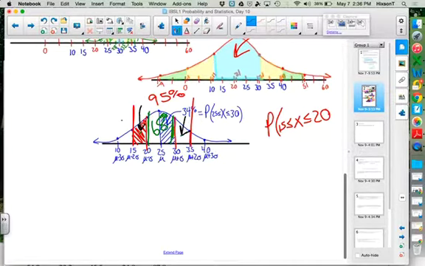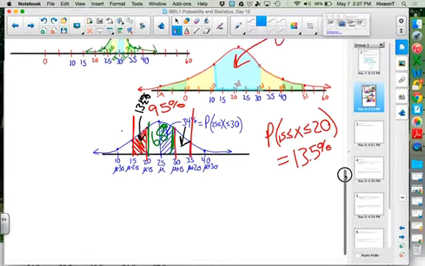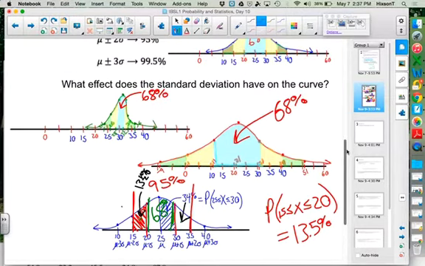So half of 27%, that would be 13.5%. So I know my probability of getting something between 15 and 20 is 13.5%. What's the probability of getting something outside of 3 standard deviations? 0.5%. So, some neat stuff that you can do with this.